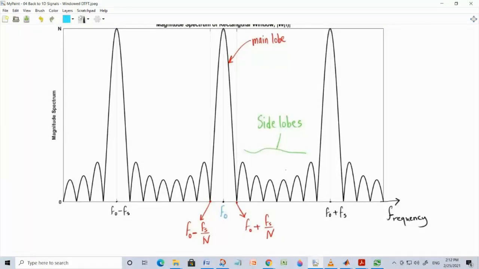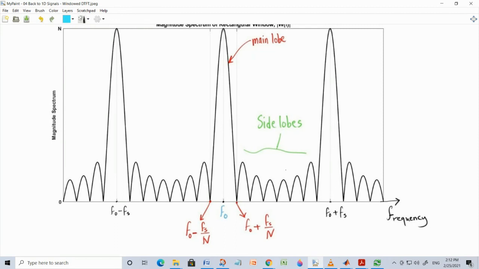Okay, and as you increase big N, the spectrum that you see in front of you will converge to a Dirac delta at f0, a Dirac delta at f0 plus fs, a Dirac delta at f0 minus fs. But of course, N is finite. Okay, and so what you get is this aliased sinc, or this discrete time sinc.